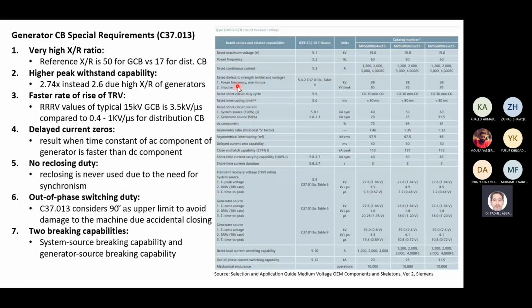I told you about this voltage withstand, the rated dielectric strength withstand voltage. The power frequency rating is for 1 minute. So although it is 15 kV, it can handle 38 kV for 1 minute only. It can get damaged if the voltage goes higher than 38 kV, or you have to do something.